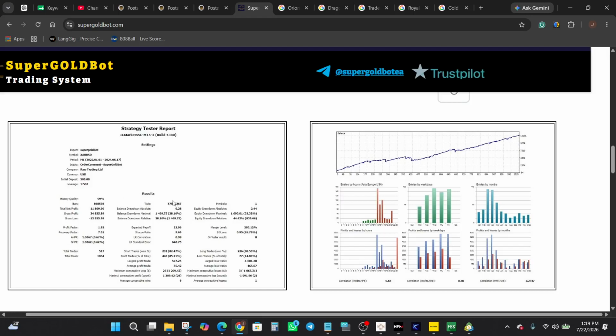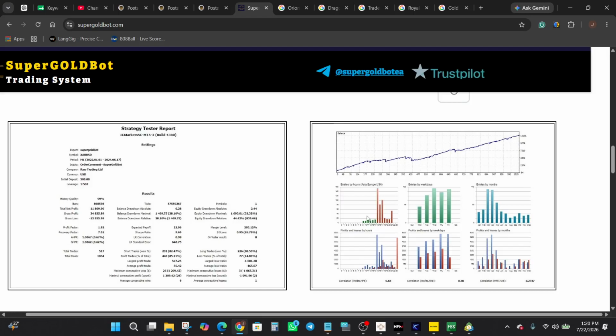Now, reviewing the historical chart distributions, we observe clear timing and session characteristics. For the trade timing, entry activity is heavily clustered around session overlaps, specifically between 15 o'clock and 17 o'clock server time. We can see that here in this graph, okay, aligning with peak US session liquidity and news volatility.